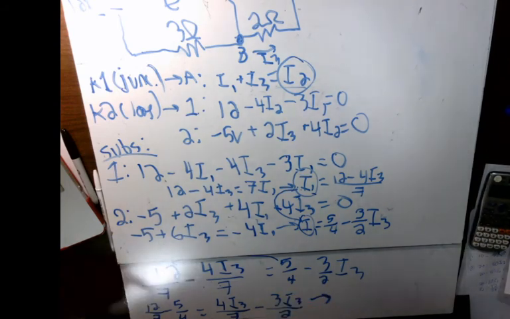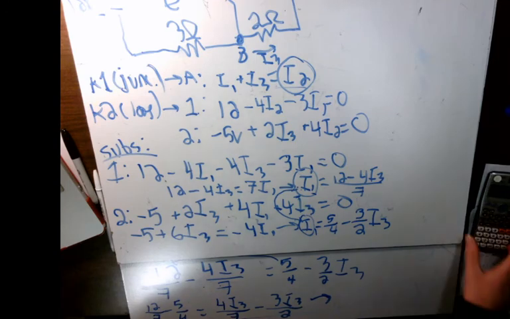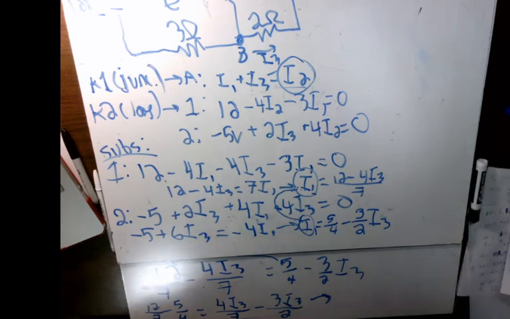So this side becomes 12 over 7 minus 5 over 4. I don't feel like doing that mental math. Good thing we got calculators. We got 13 over 28.